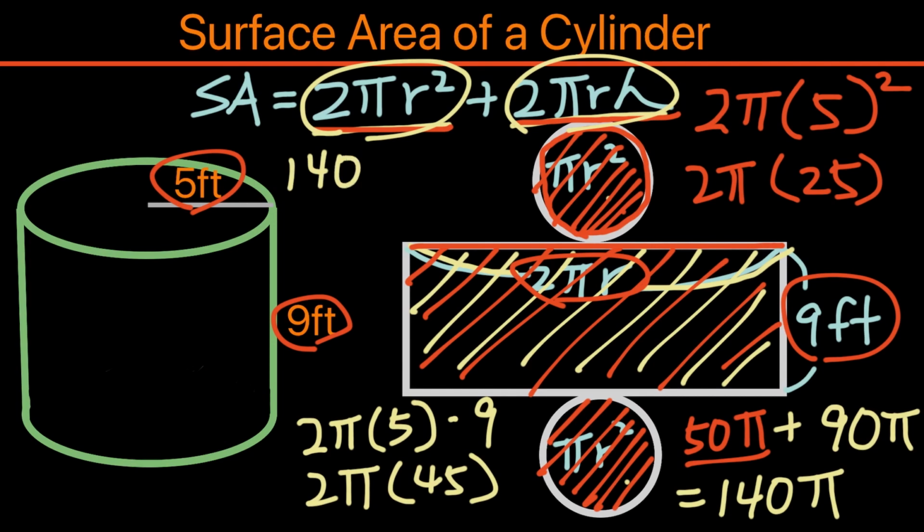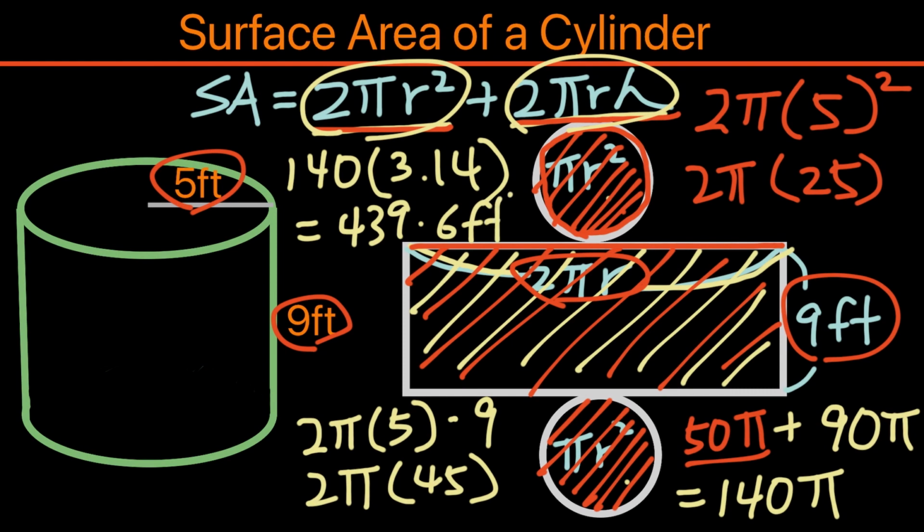So it will be 140 times 3.14, which gives us 439.6 feet squared. So this is an example of how you would find the surface area of a cylinder.